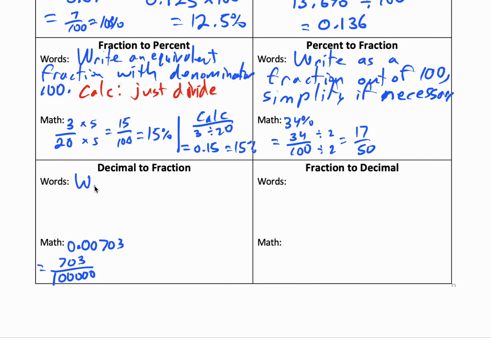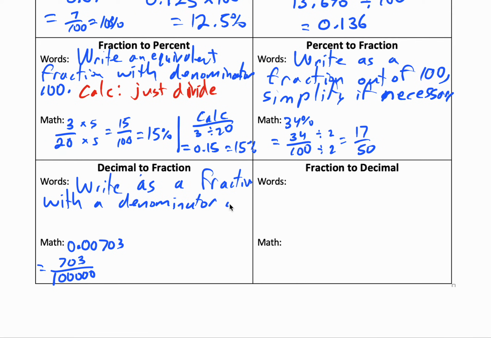So you need to write it as a fraction with a denominator of 10, 100, or 1,000, or 10,000, etc. Okay, that's all you need to do.